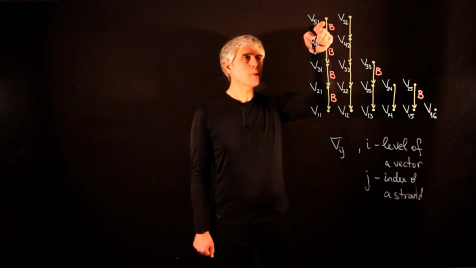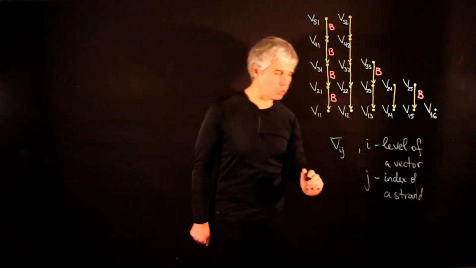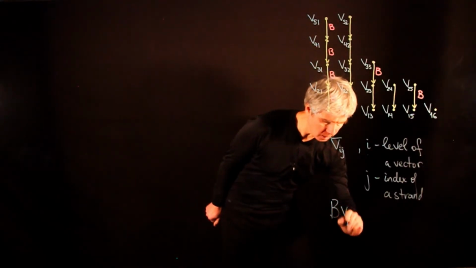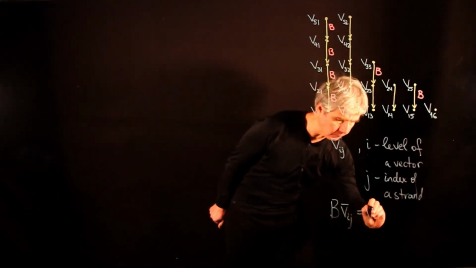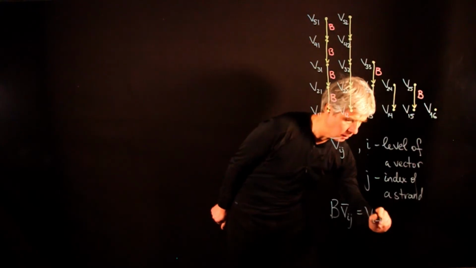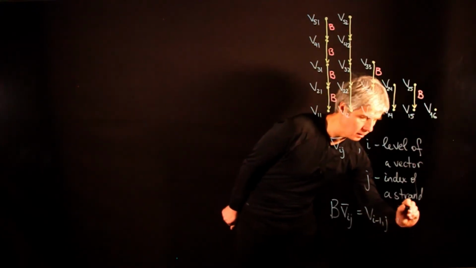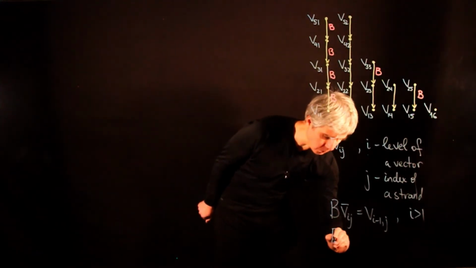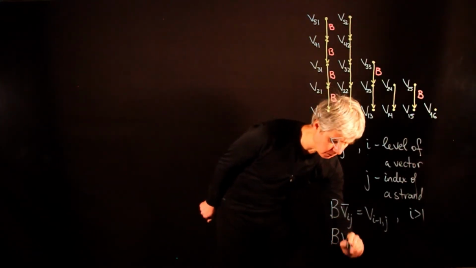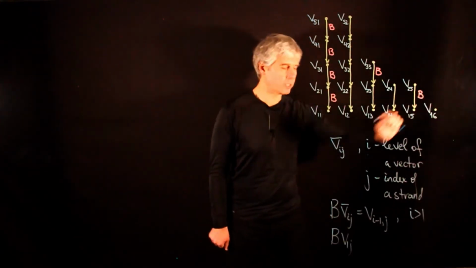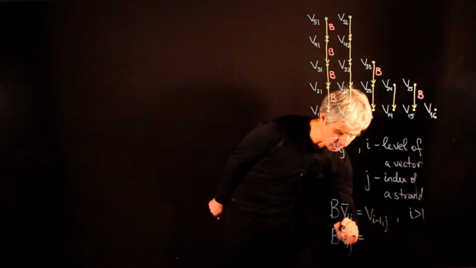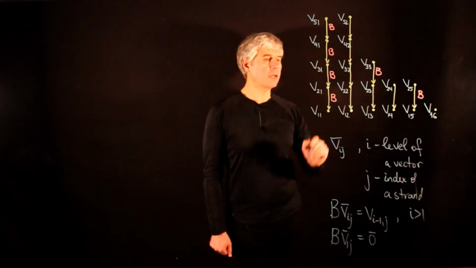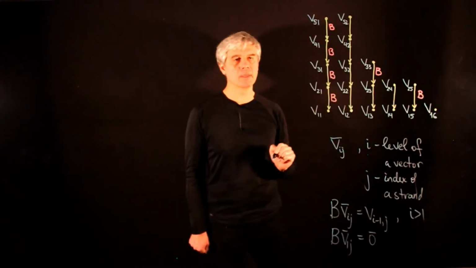When we apply operator B, we move down in each strand. So B applied to vector Vij produces the vector V i-1,j, provided that i is greater than 1. And in case when i is equal to 1, when we apply B to the vector V1j that lives at the bottom level, this is equal to the zero vector. So vectors on level 1 are annihilated by operator B.